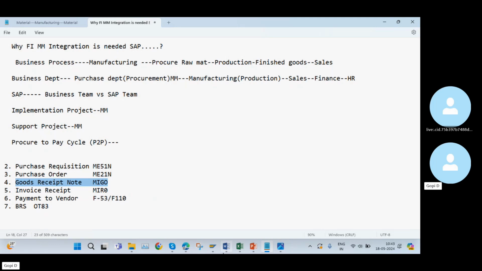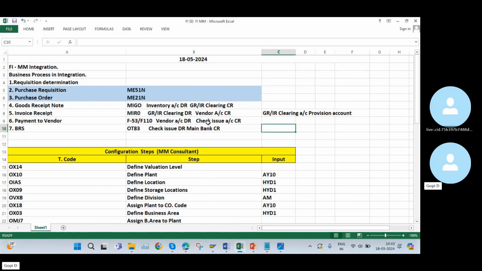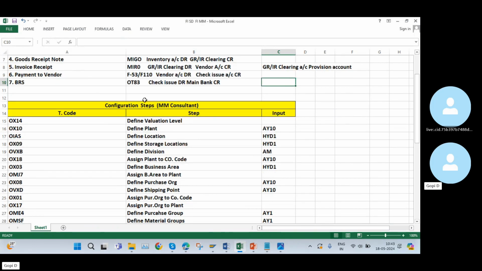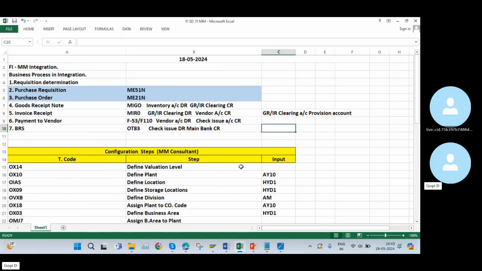Once the configuration is done, we can observe the journal entries also. And at the conclusion session, I will try to explain the logic, why this happens and what is the logic behind that.